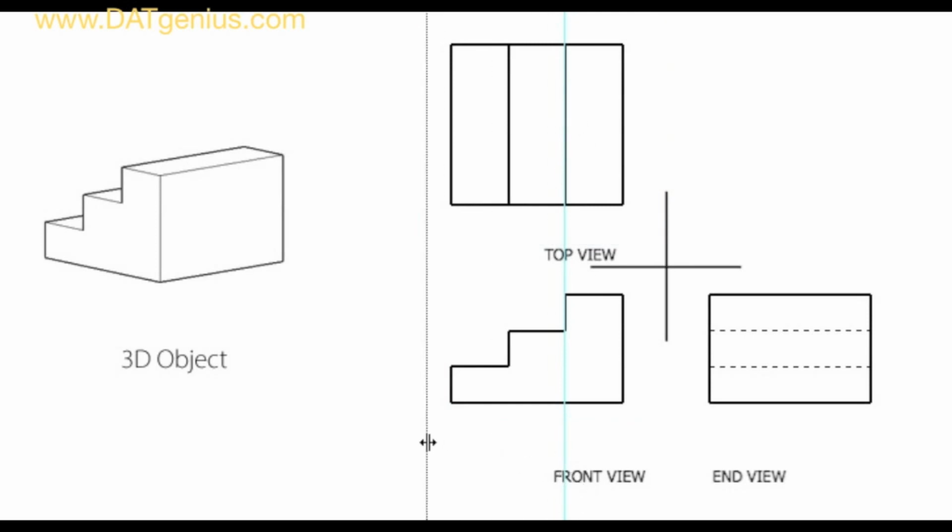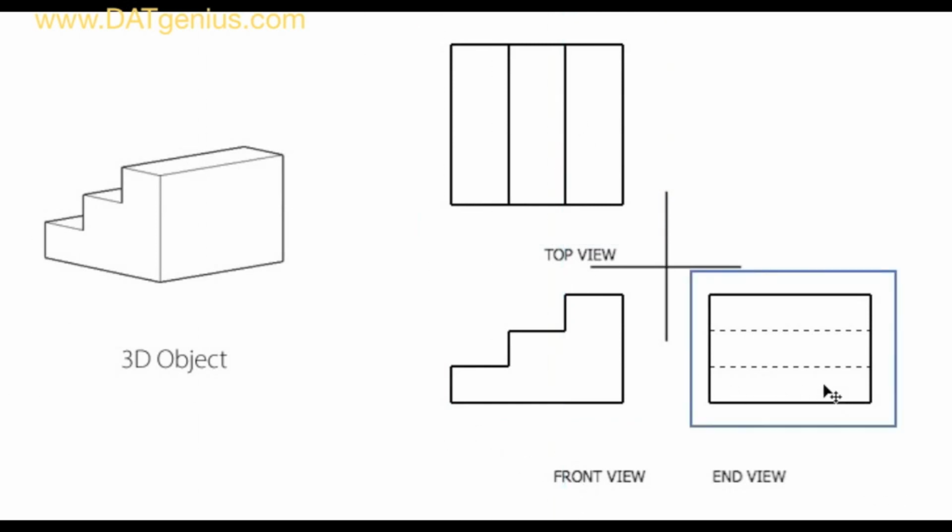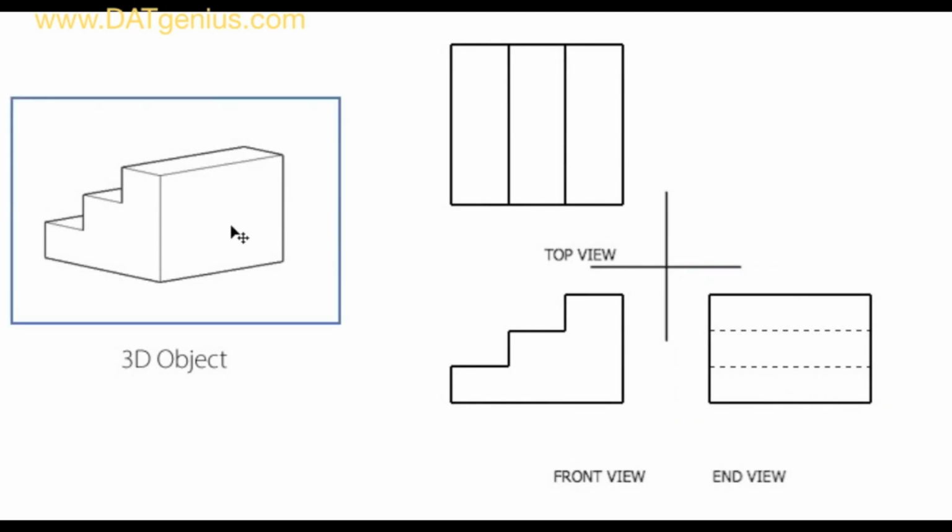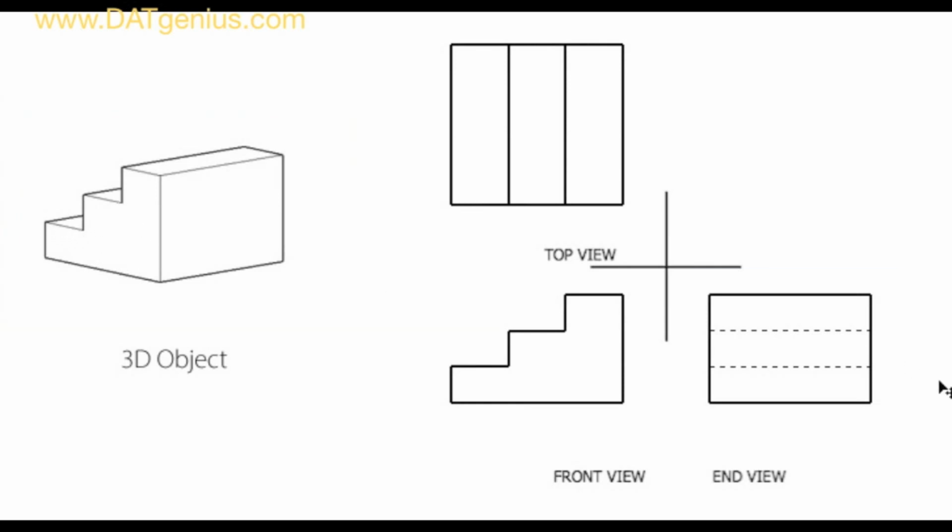And now if we go ahead and look at our end view, we have those dotted lines because, as we talked about, looking at the end view from the right-hand side, looking to the left, all you're going to see is this big white square. But because top front end has to have accountability, they have to let us know somehow that there's a change in elevation here and a change in elevation here. And they do that with dotted lines. So a dashed line here and a dashed line here lets us know.